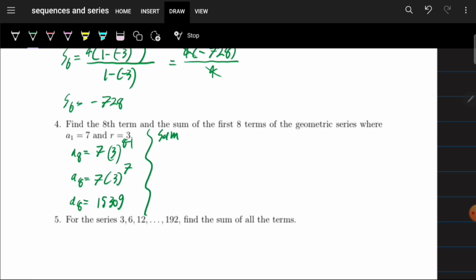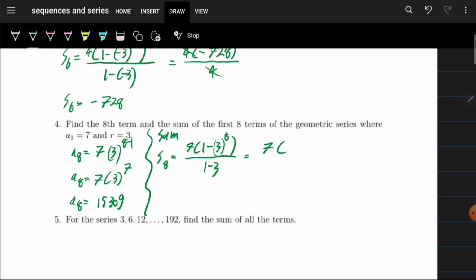Okay, so what is the sum of the first 8 terms? So S8 is equal to A1 times 1 minus R, so 3 to the power of 8 all over 1 minus 3. Okay, so this is 7 times 1 minus, let's see what this comes out to.